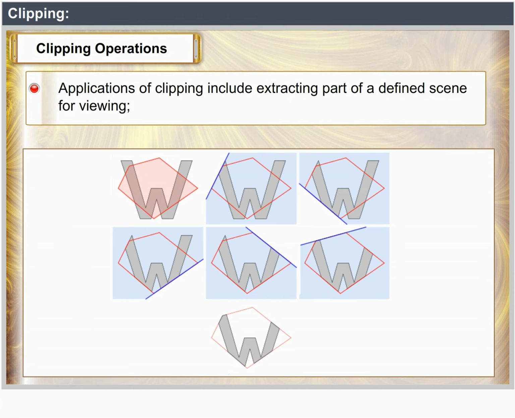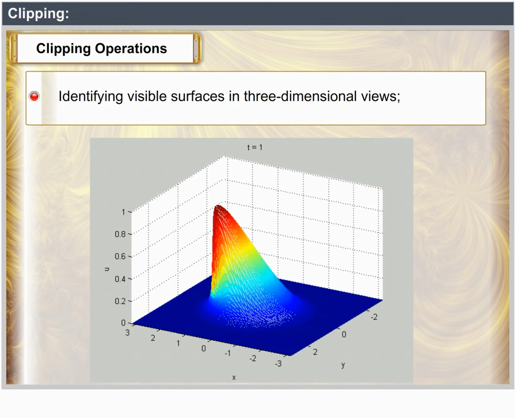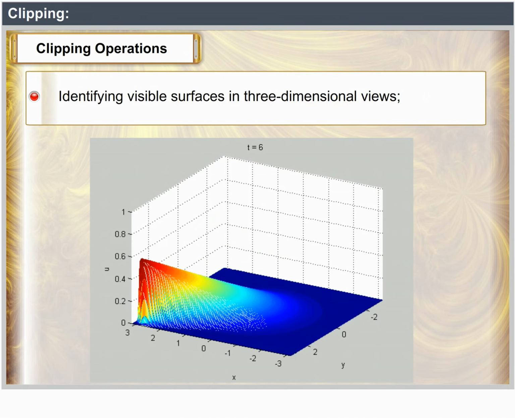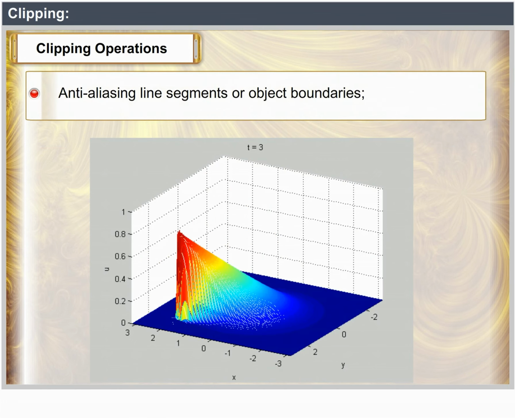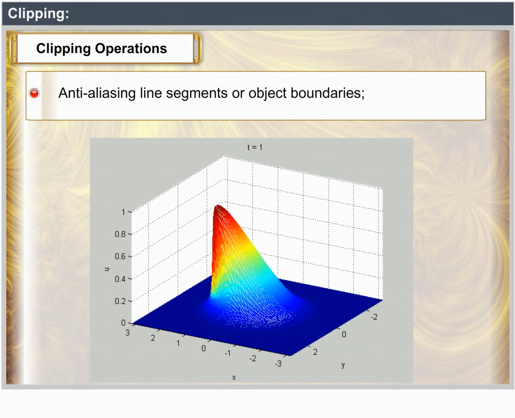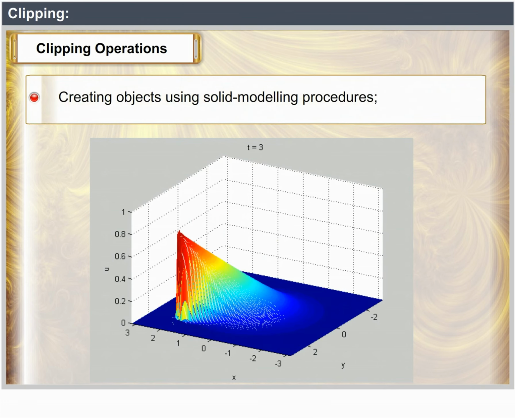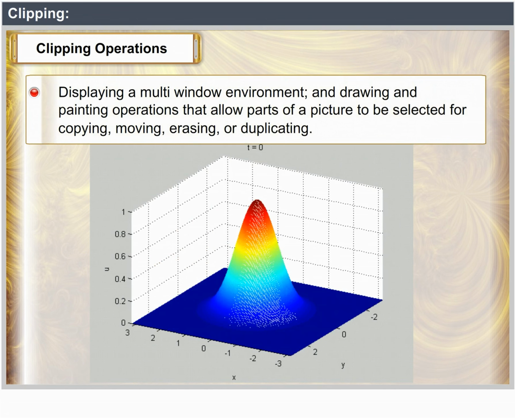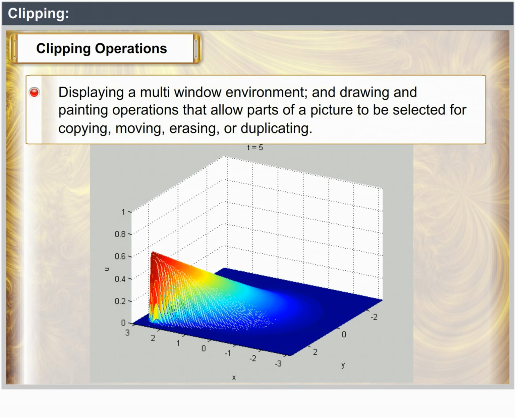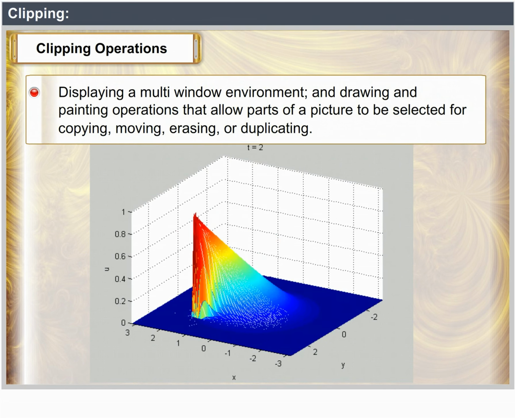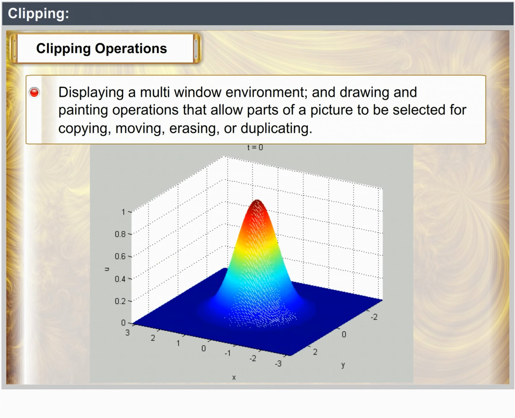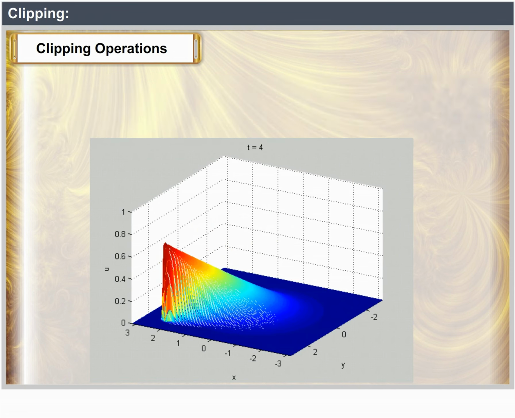Applications of clipping include extracting part of the defined scene for viewing, identifying visible surfaces in three-dimensional views, anti-aliasing line segments or object boundaries, creating objects using solid modeling procedures, displaying a multi-window environment, and drawing and painting operations that allow parts of a picture to be selected for copying, moving, erasing, or duplicating.